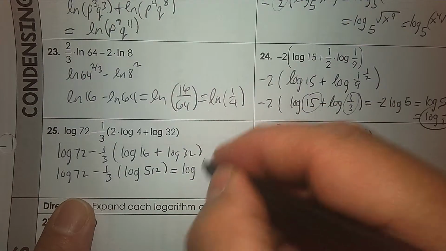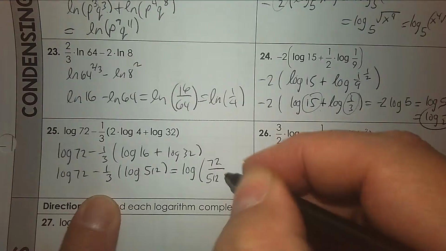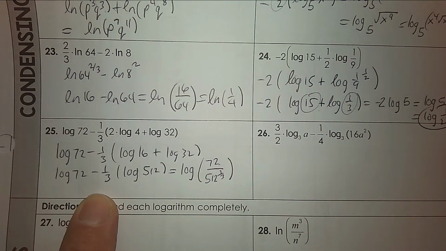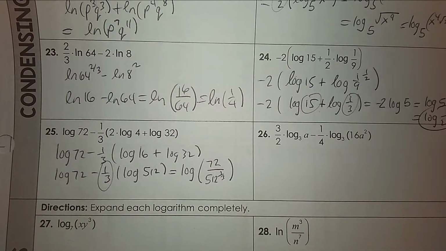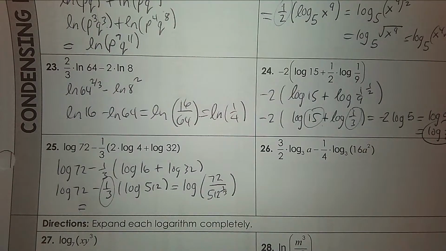when you see subtracting, it means you're going to divide. When you see a number in front, it means you do the exponent. So the exponent on 512 is 1/3. That means cube root. Do you know what number 3 times itself equals 512?